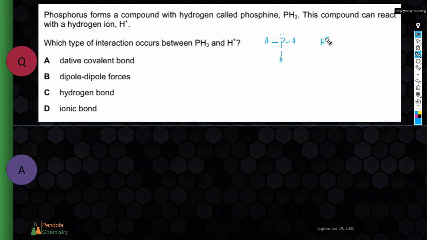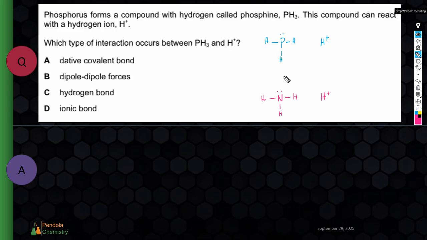We never talked about this. However, this should look familiar to you. We did not discuss PH3 reacting with H+, but we did discuss NH3 reacting with H+. And this is what we mean by a translation of knowledge.